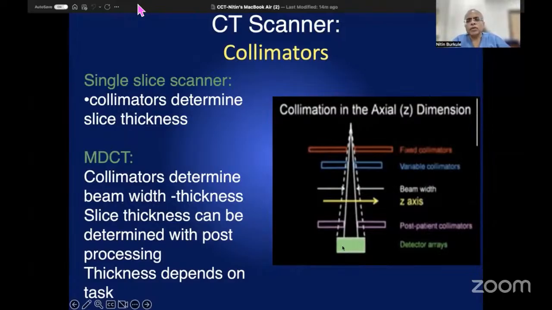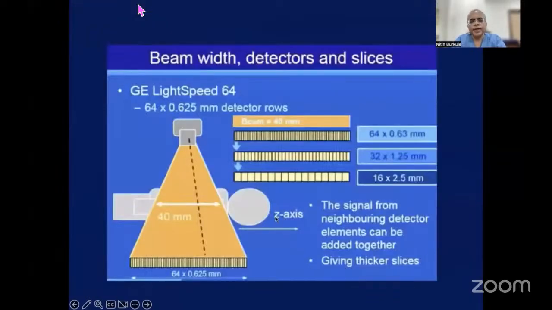So if you have got detectors which are of 0.5 or 0.6 millimeter thickness, then your slice thickness can be 0.5 or 0.6 millimeters, or you can add up the data of the neighboring detectors and make a thicker slice also. So that means in the current CT scanners, the slice thickness is a post processing.